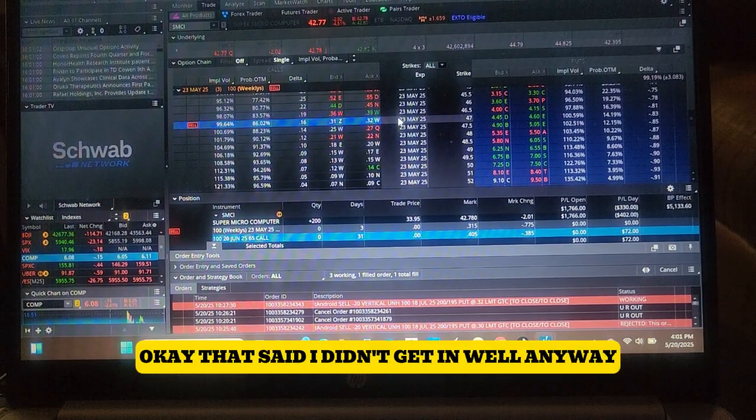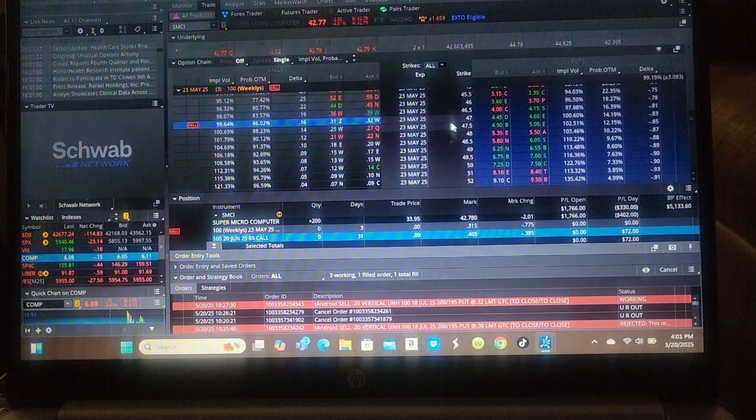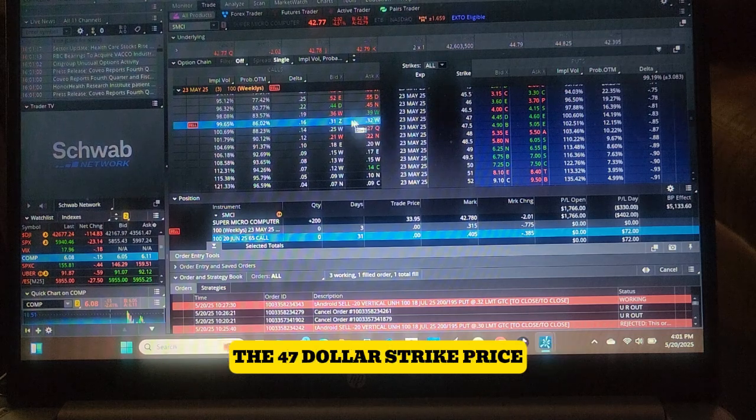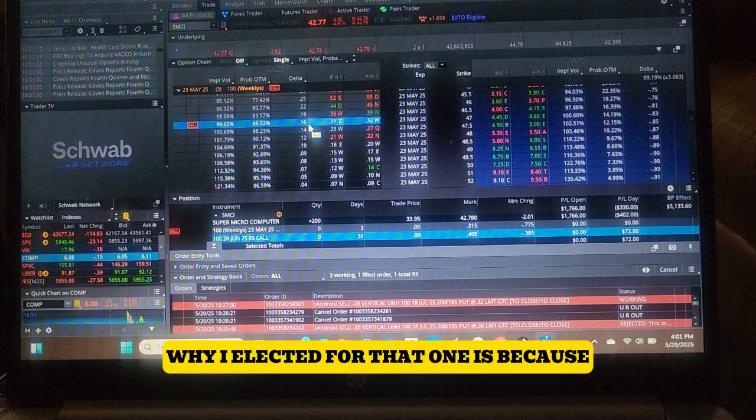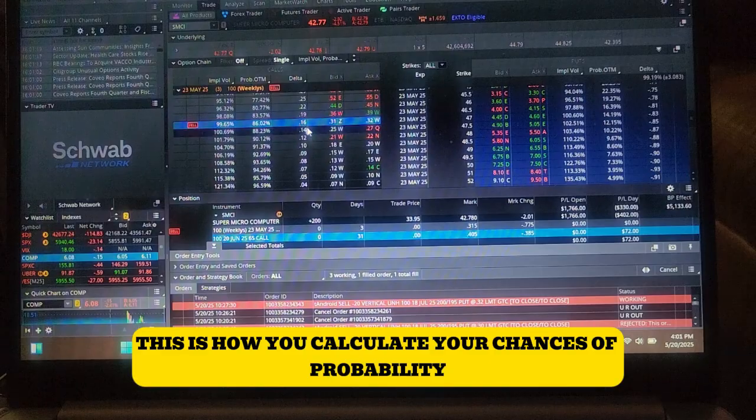Well, anyway, I'll briefly explain what's going on here. You see the strike price that I chose, the $47 strike price? Why I elected for that one is because the delta is 0.16. Now, this is how you calculate your chances of probability.